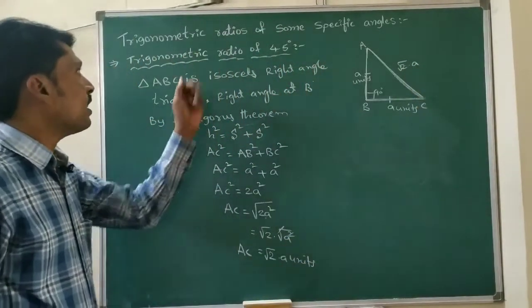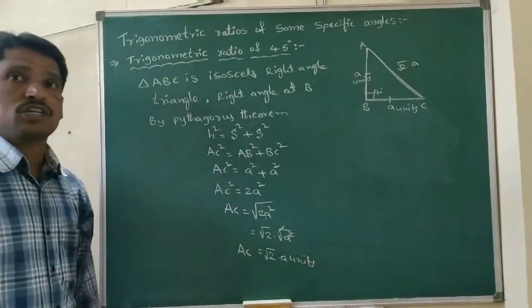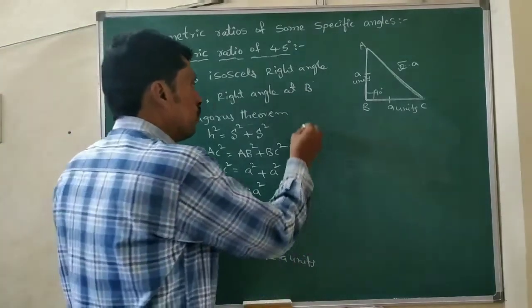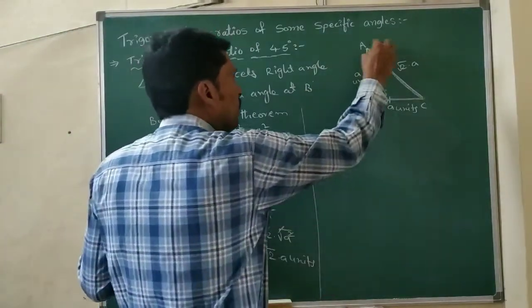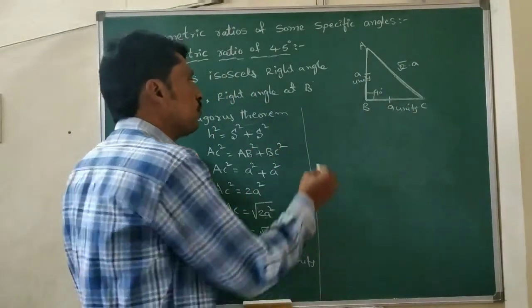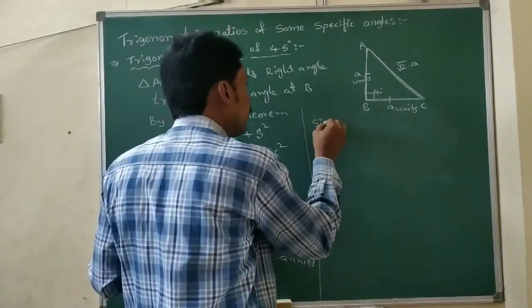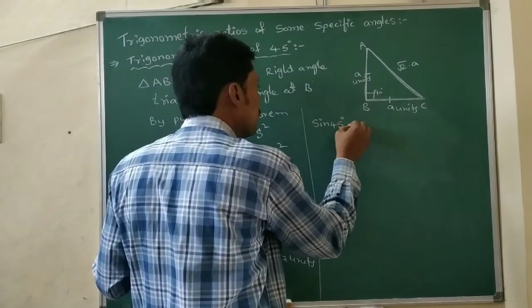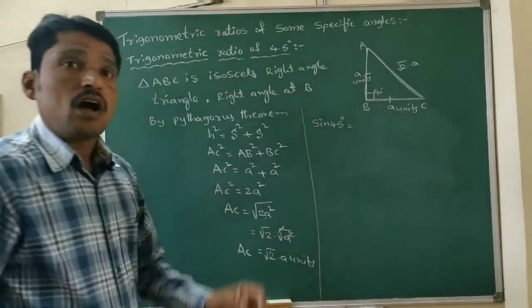Now we need to find the trigonometric ratios of the specific angles. Already we know the three sides of the right triangle. So sin 45 degrees. What is sine?